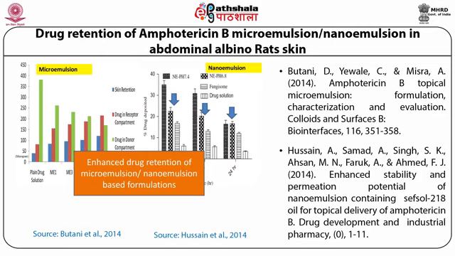On comparison with drug solution or Fungisome, it suggested that nanoemulsion has higher drug retention in the abdominal albino rat skin. This could be quite useful when it has to be given in topical or transdermal based delivery systems.